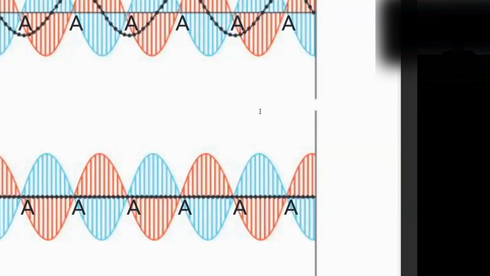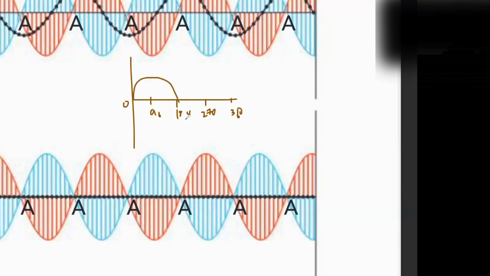Different points in the graph refers to different angles. If this is a graph, this is 0, this is 90, this is 180, this is 270, this is 360.